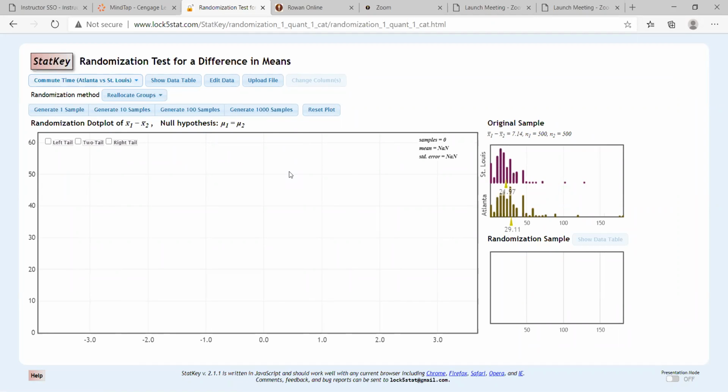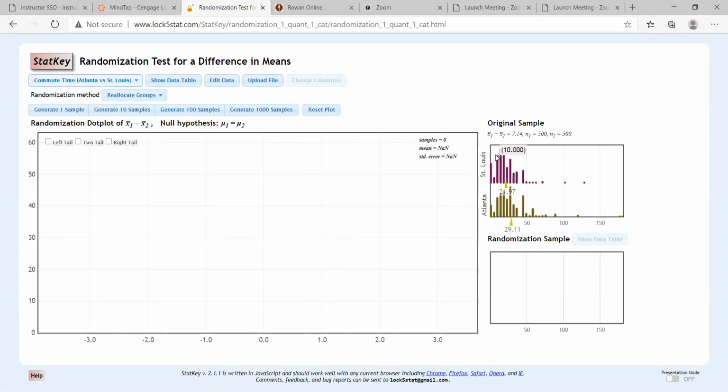These are commute times, probably in your car, driving from home to work or work to home. For each of these cities, 500 commuters were sampled.